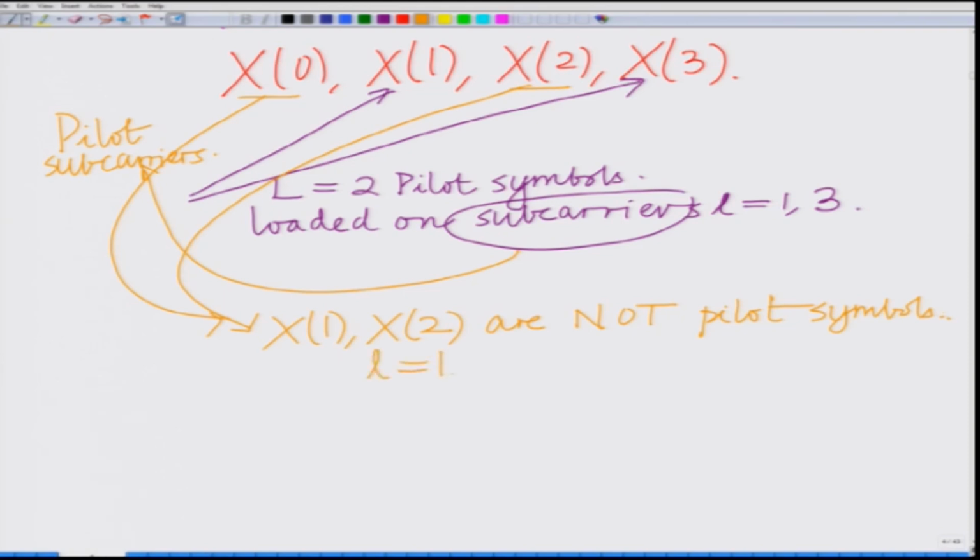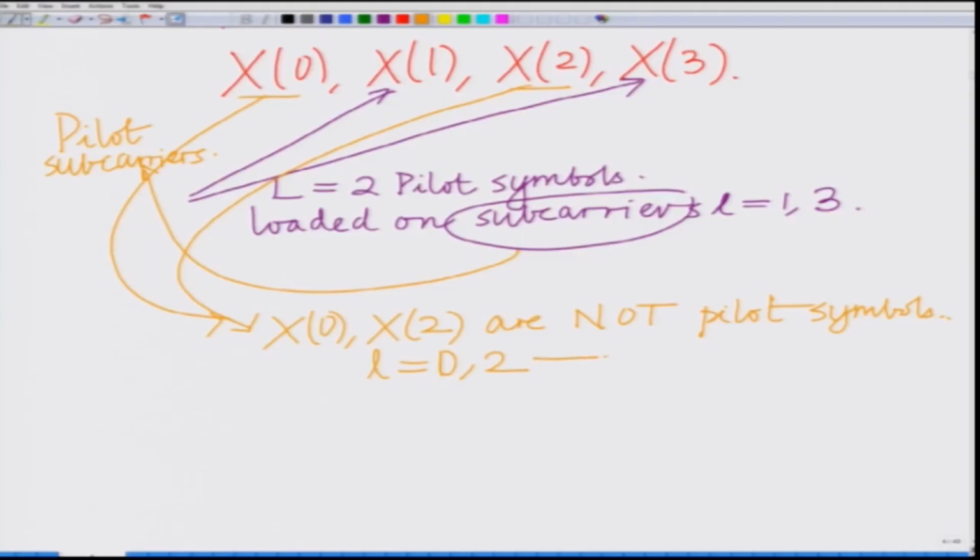That is, corresponding to subcarriers 0 and 2, these are not pilot symbols. So, if these are not pilot symbols, then what are the symbols that are loaded onto subcarrier 0 and 2?